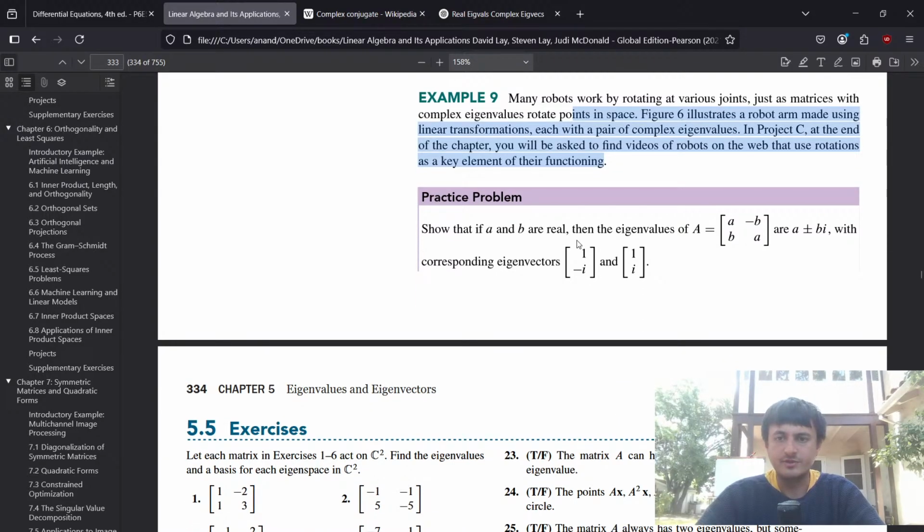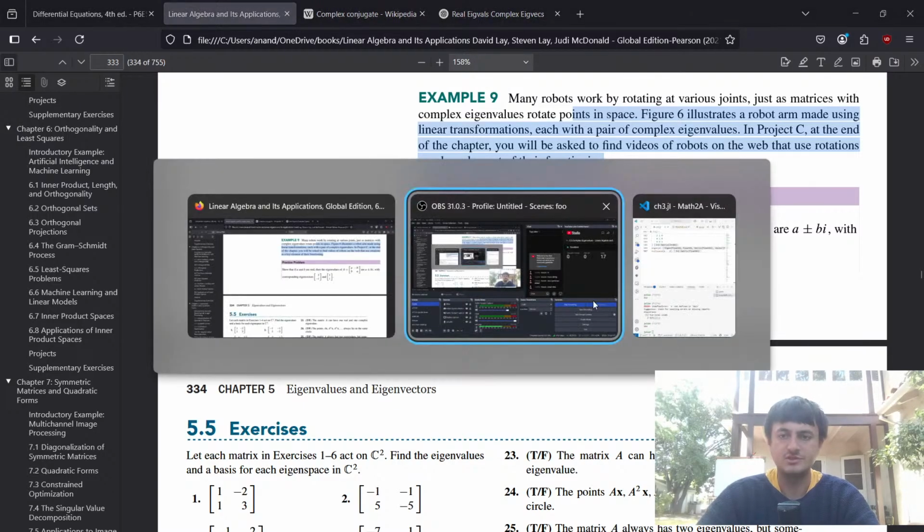Show that if a and b are real, then the eigenvalues of A are a plus bi. Okay, so (a minus lambda) squared plus b squared. (a minus lambda) all squared is going to be a squared minus 2a lambda plus lambda squared. Hold on, let's just do this.